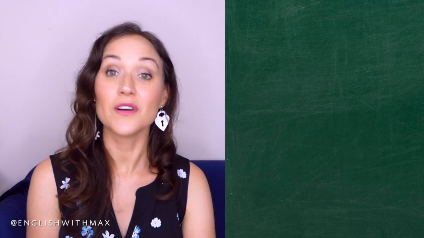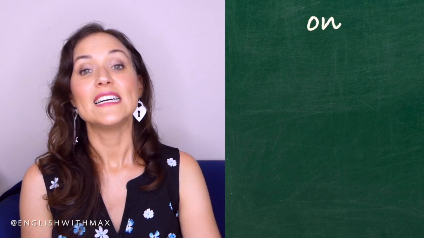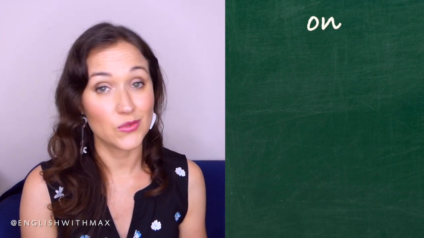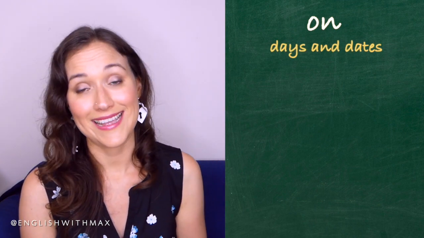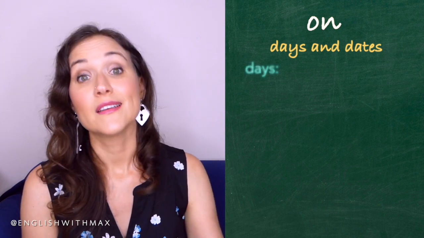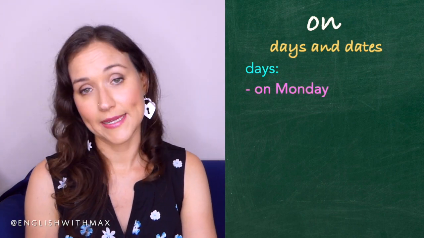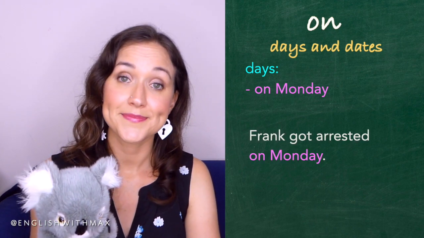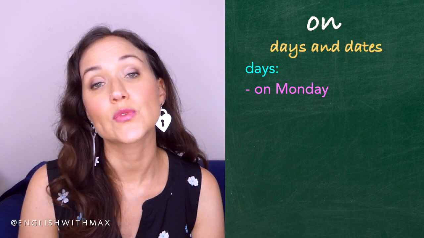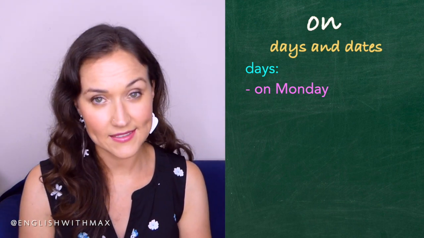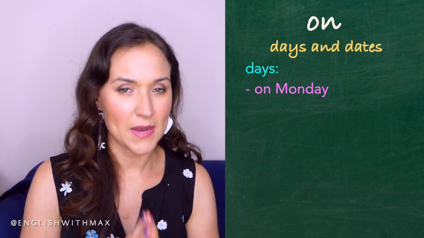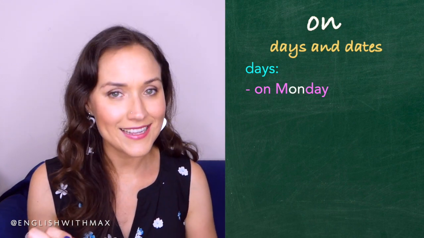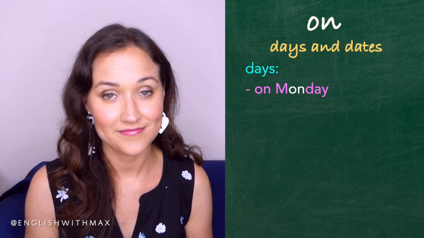And now it's time for on. Apart from in a few fixed expressions, we basically just use on for days and dates. So we say, on Monday. Frank got arrested on Monday. If you sometimes forget which preposition to use with days, try to think of Monday, because it also has on in the middle.